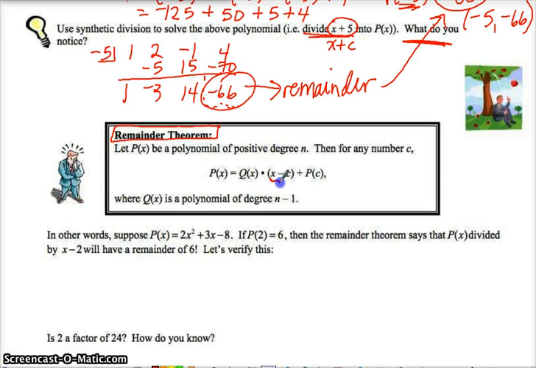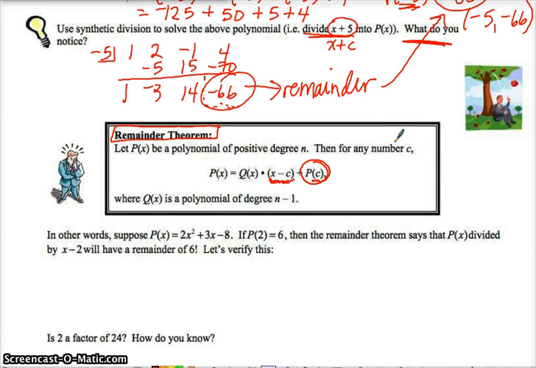That means if I divide by a quantity of x minus c, then my p of c, whatever that value is, so in this case it was p of negative 5, right? That will be my remainder, right? If I take the quotient, multiply it by the divisor, and add the remainder, then I will get the overall dividend. So that's only good for an x minus c for any number c.